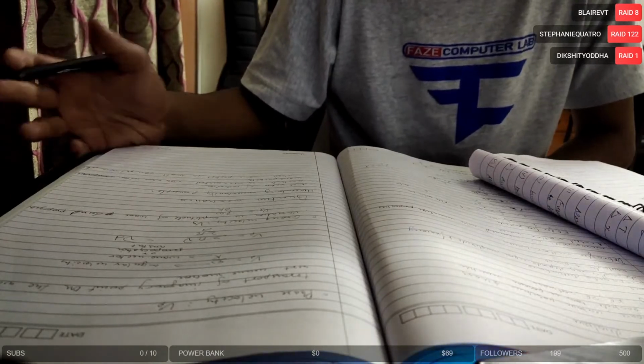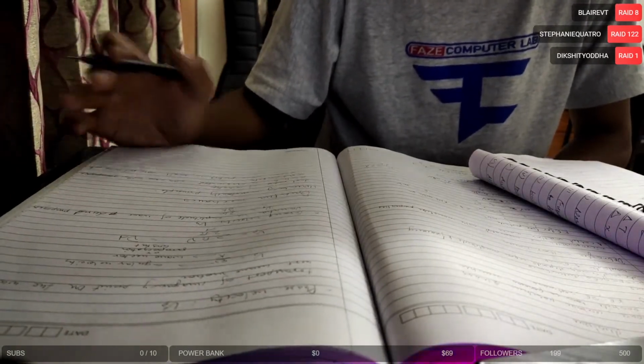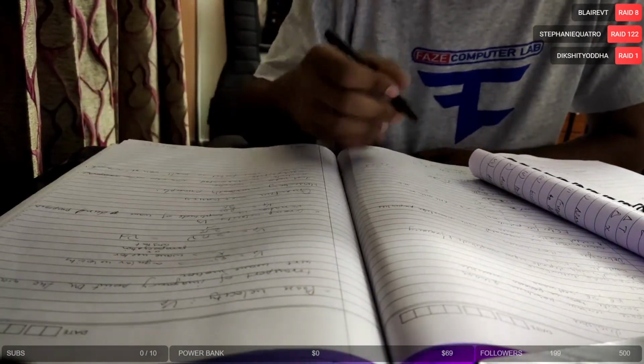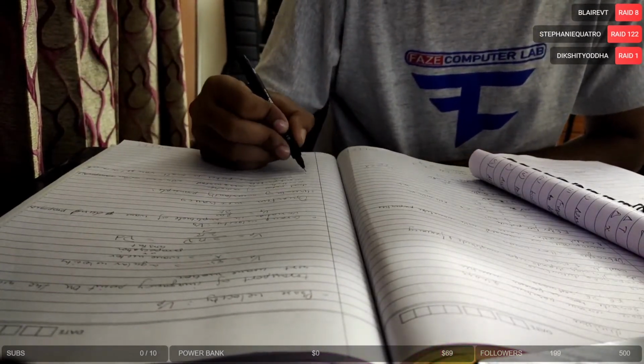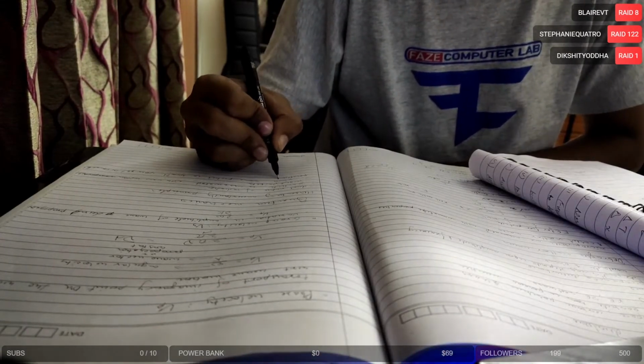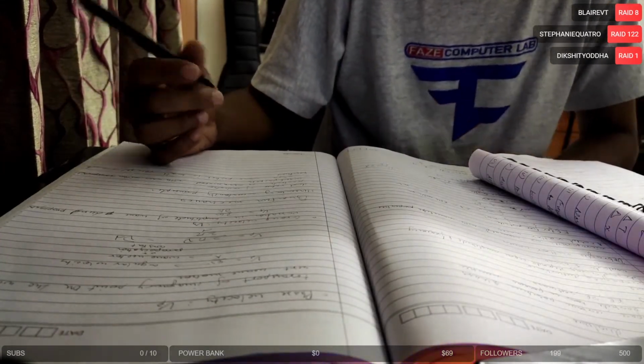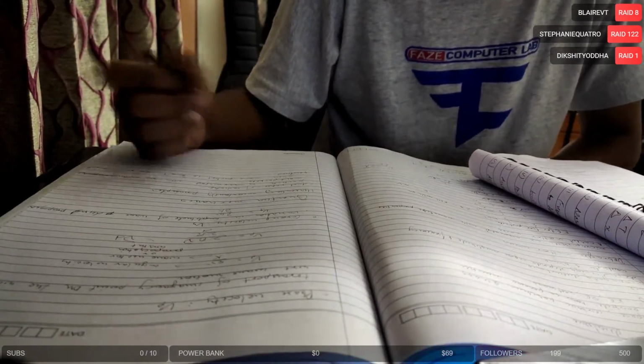When the wave packet is small, you can get the accurate position precisely.